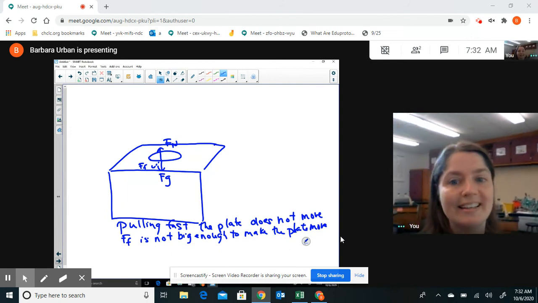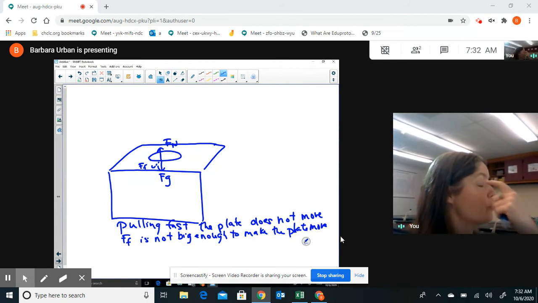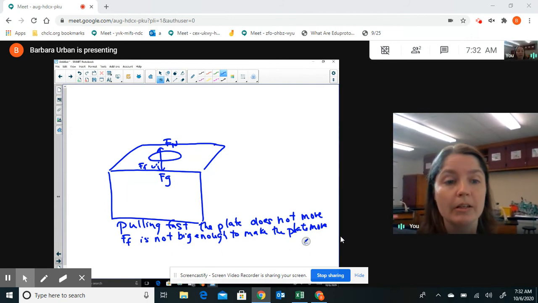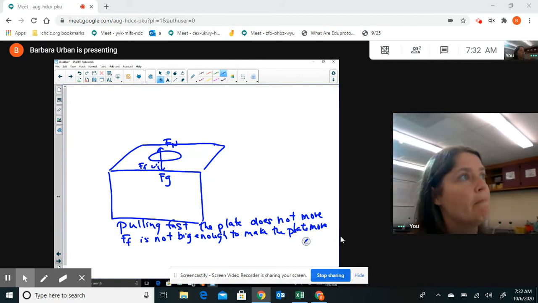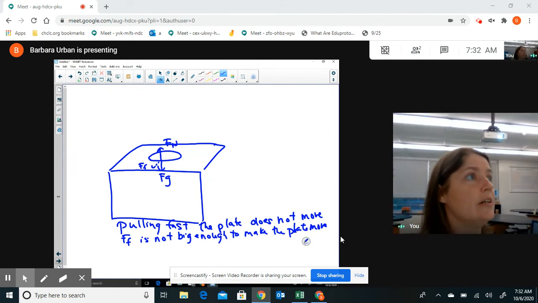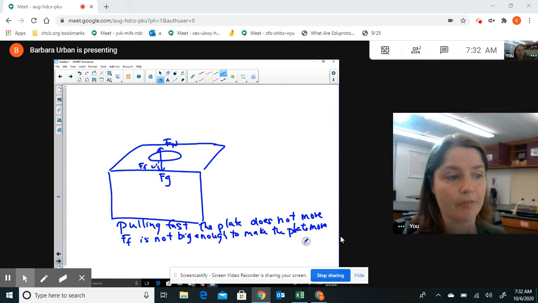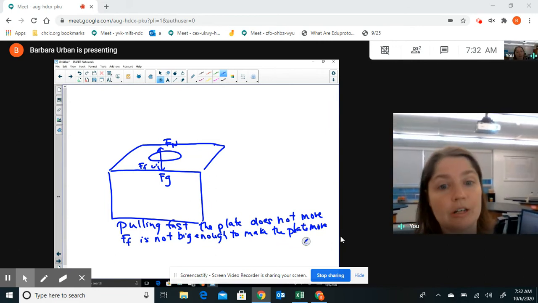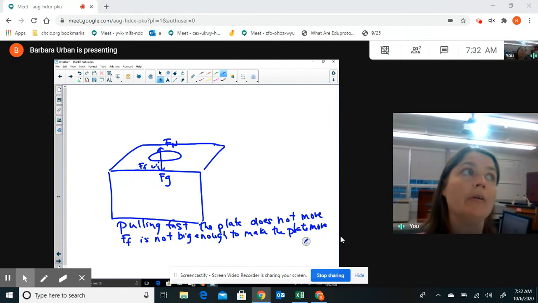So why is that? Why in the first case was the frictional force enough to get it moving, but this one isn't? And it has to do with the acceleration of the plate. So when I'm moving the tablecloth fast, we have a fast acceleration. When I'm moving it slow, we have a low acceleration.